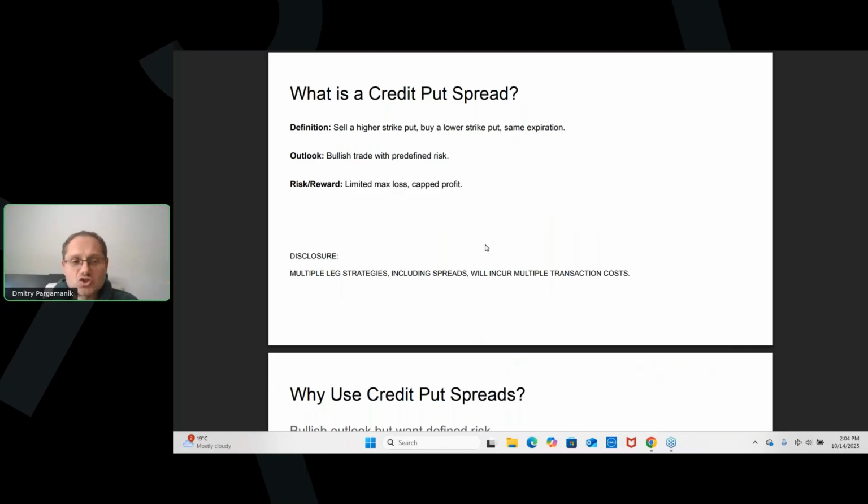Well, it's a strategy that involves two options. You're selling a put with a higher strike and buying another put with a lower strike on the same expiration. It's a bullish option strategy with a predefined risk, which allows you to limit your max loss, but it also caps your profits.